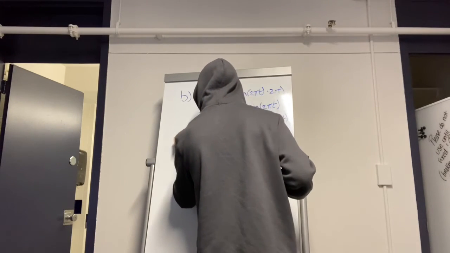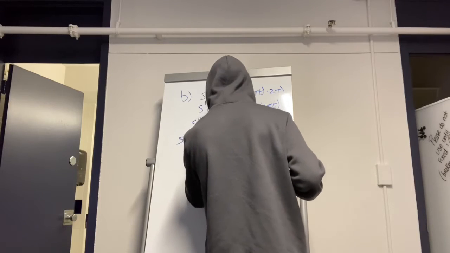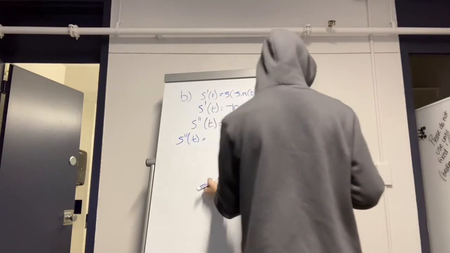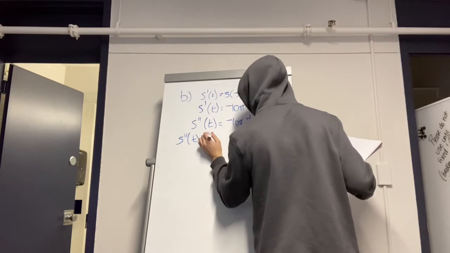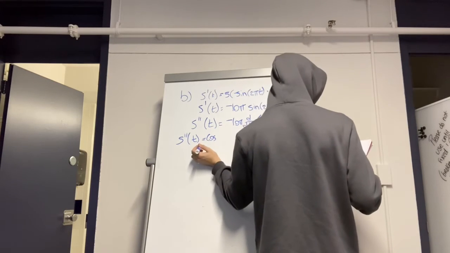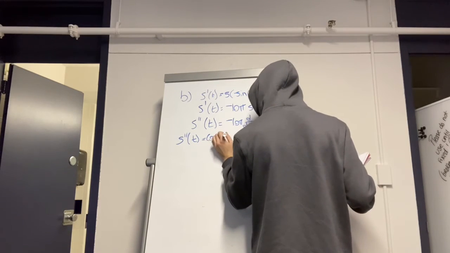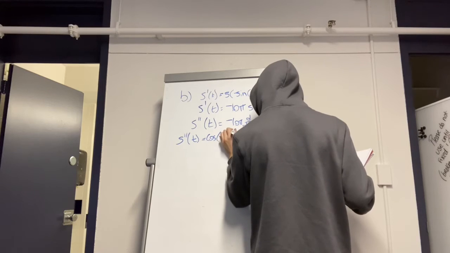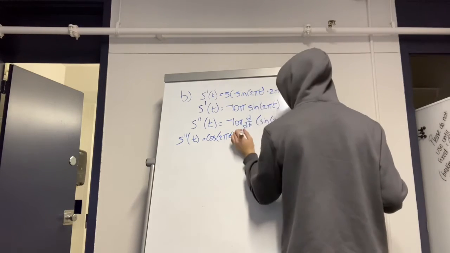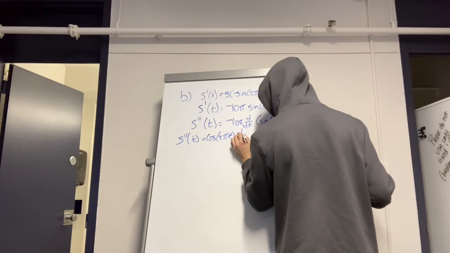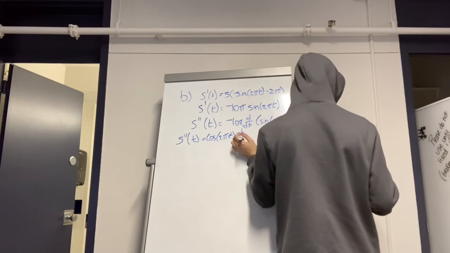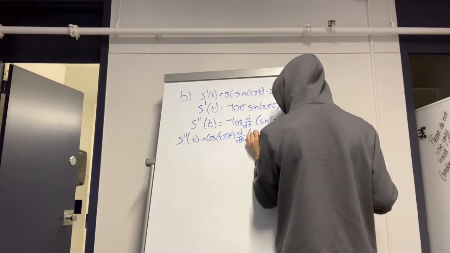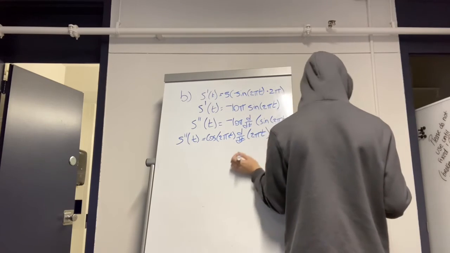From here, we'll use the chain rule, so that would be cosine 2 pi t d over dt 2 pi t.